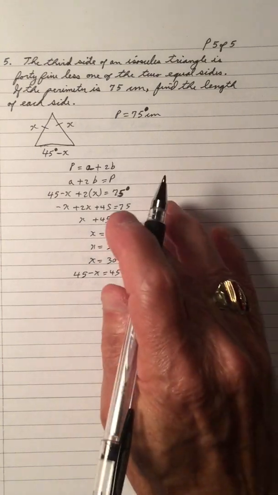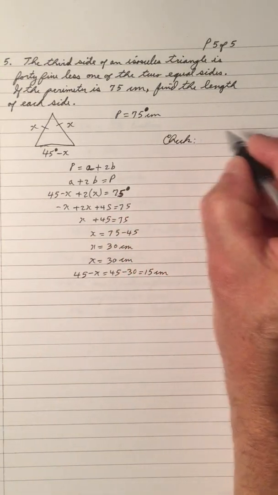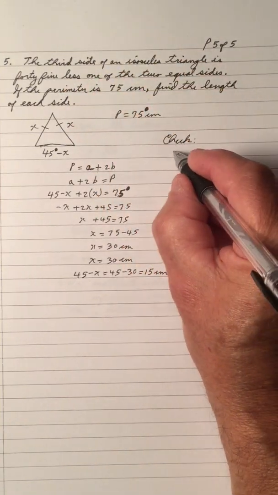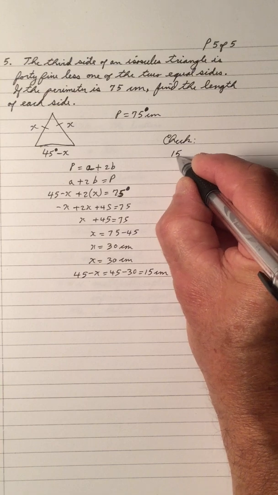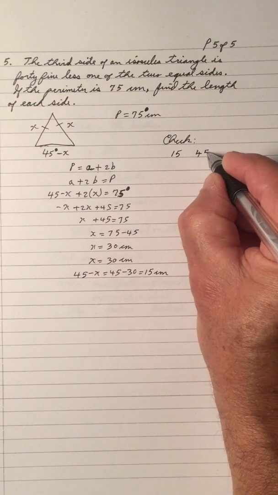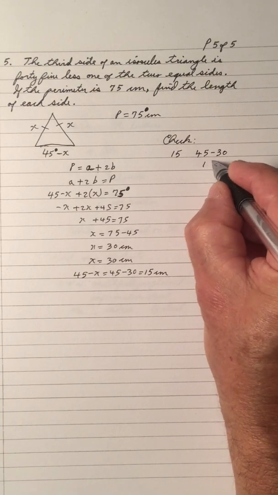So we have the sides of 30, 30, and 15, but we got to check to make sure we're okay. And let's see, the third side, which is 15, is 45 less one of the equal sides. So the equal sides are 30.